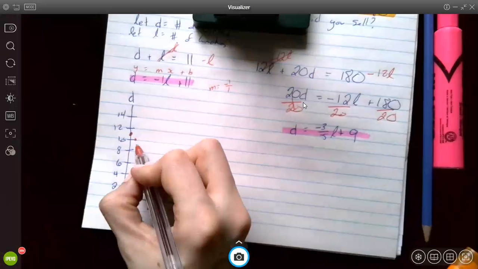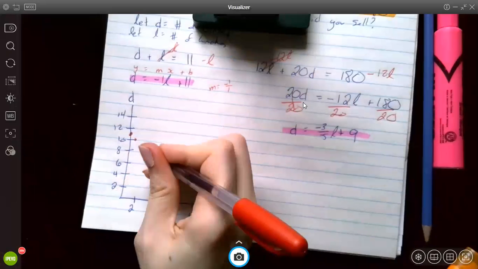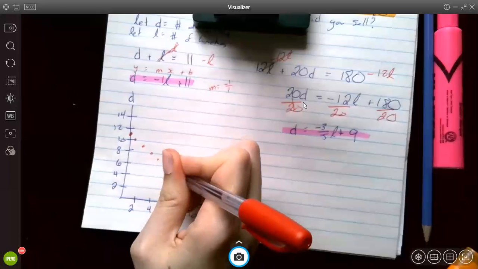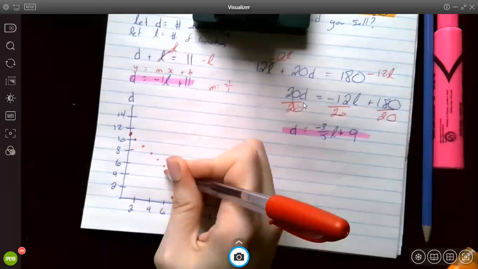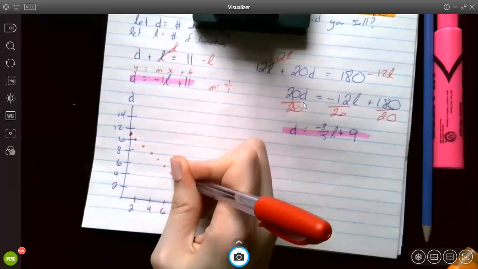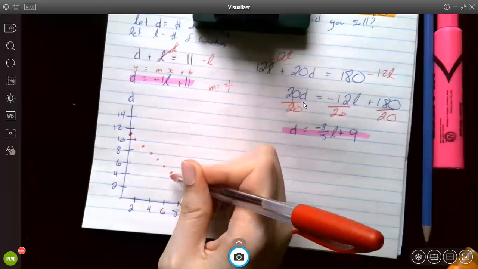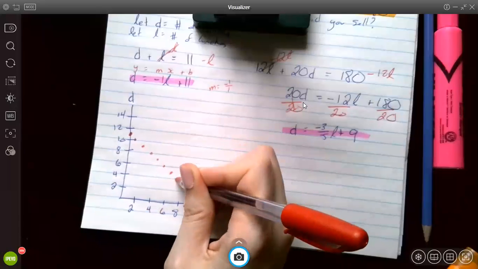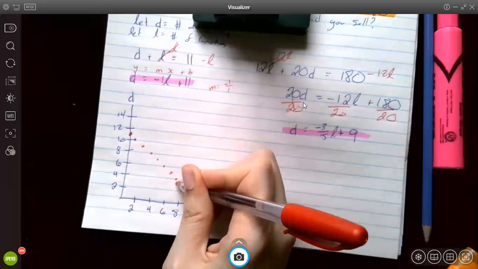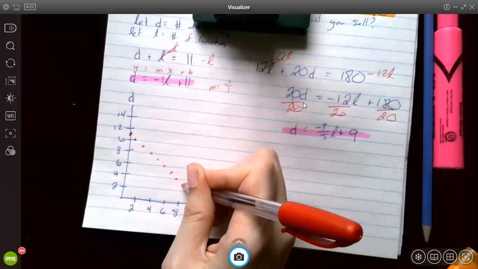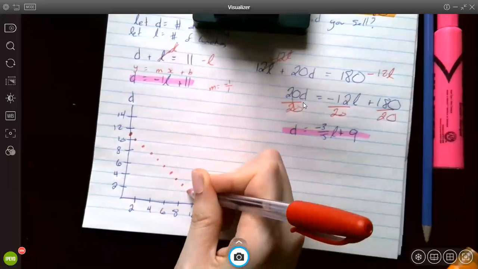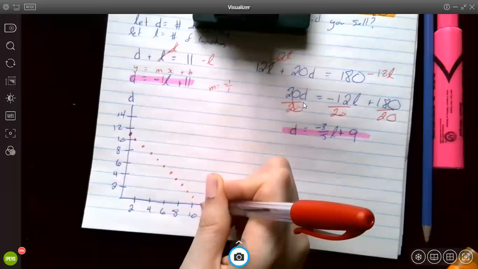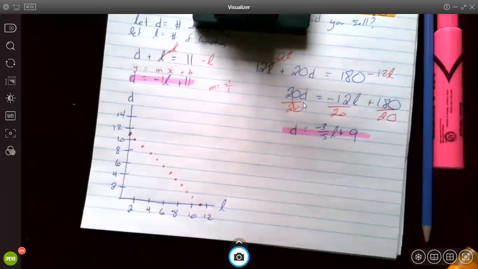Down 1/1, down 1/1, you get the idea. I'm just going until I hit the other axis, okay?